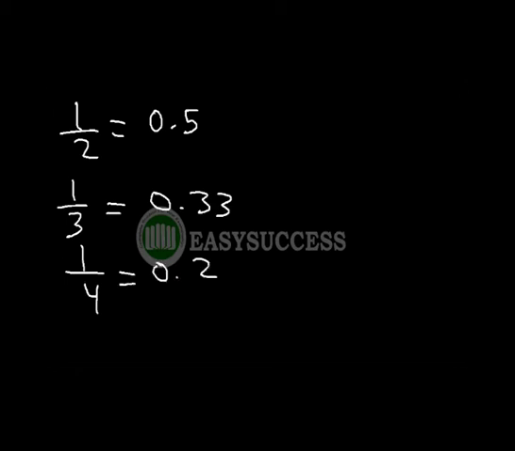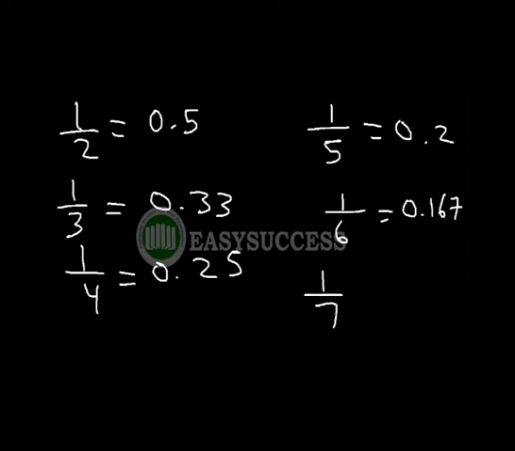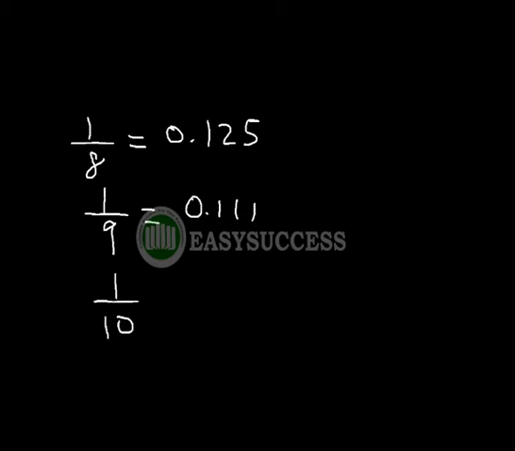For example, 1 over 2 is 0.5 as a decimal. 1 over 3 is 0.33, or 0.3 repeated. 1 over 4 is 0.25. 1 over 5 is 0.2. 1 over 6 is 0.16 repeated, or you could say 0.167. 1 over 7 is 0.143. 1 over 8 is 0.125. 1 over 9 is 0.1 repeated, or 0.111. And 1 over 10 is exactly 0.1.